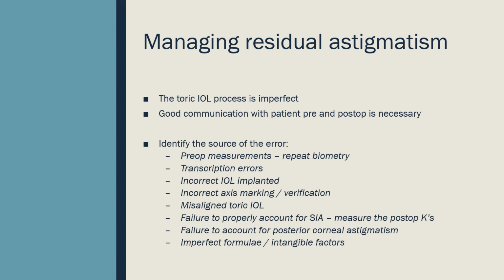The posterior cornea is important, and it may be that the formula that you used didn't account for this appropriately. And if after all of this you still can't find an obvious reason, then there are other intangible factors. The formulae are not perfect. We don't get it right every time, despite everything seeming to be perfect.